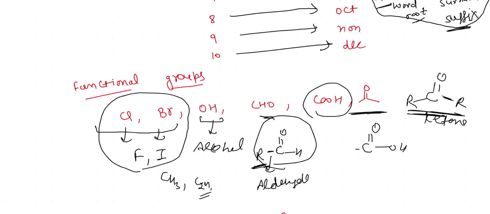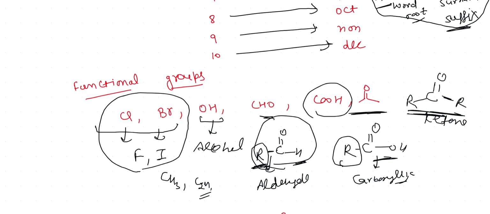Another one is this, your carboxylic acid. The carboxylic acid group represents C double bond O, O H. R is any alkyl group. That may be methyl, ethyl, pentyl. It depends on the number of carbons. So you also have to identify which functional group is present.